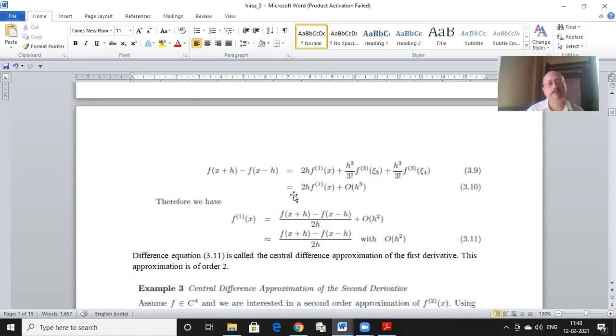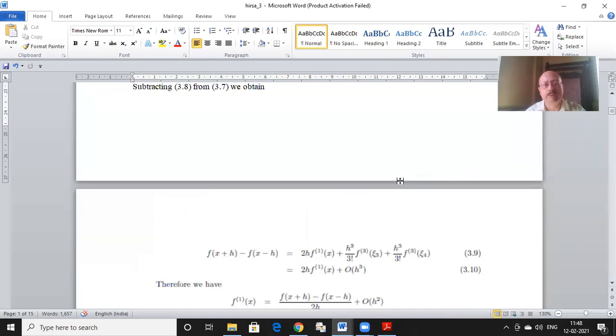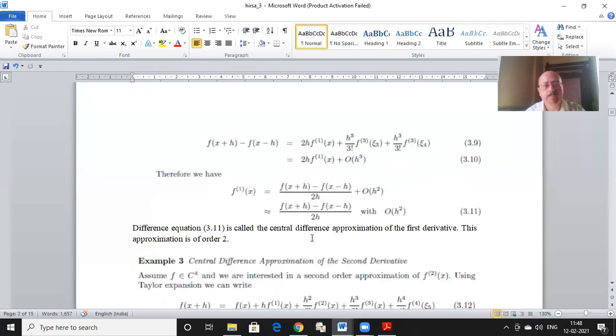And then again, same logic. I know that whatever I have ignored will be of this order, because I have h cube terms here. So my error can be at most h square.